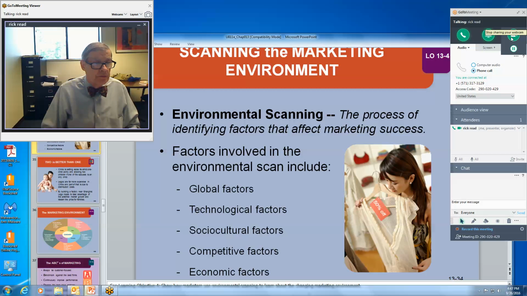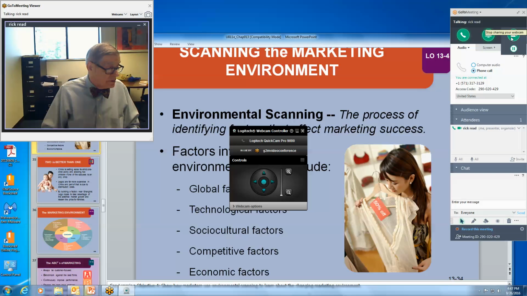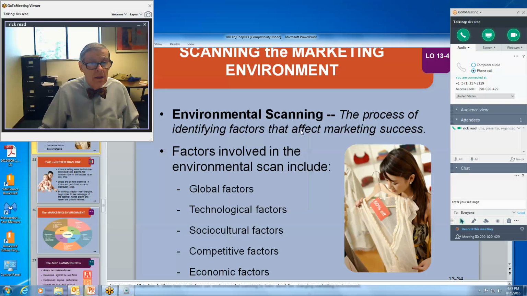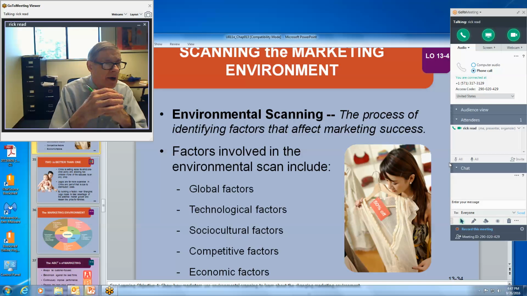And this is graphically, but we're going to show this next in the slide, or actually two down on the slide. A figure in the text, which is 13.5 at the top of page 373. And here we're looking at environmental scan and identifies various things: global factors, technology, socio-cultural, competitive, economic, etc.